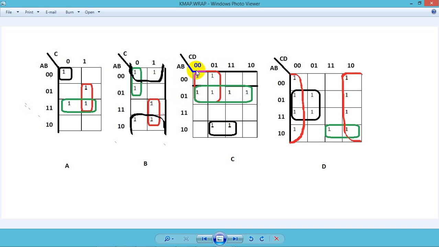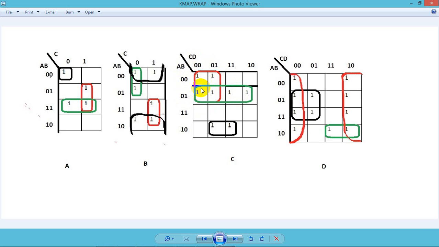When you come to the top side, you can see that C was moving from 0 to 0, it means we will maintain it. But D was moving from 0 to 1, it means we will knock it out. So now we have our A, which was moving from 0 to 0, and our C, which was moving from 0 to 0. But they are all zeros, so we have to complement them in order to get the expression for the red group. So here we get A complement, C complement.